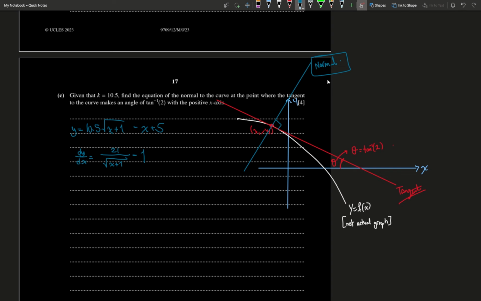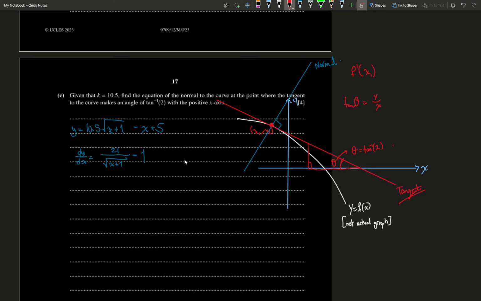How can we do this? Let's look at our angle. We have the angle theta, and we can calculate it just by drawing a right angle triangle. It can be like this. Then we say that tan theta is equal to y over x, which is the gradient of the line. We know the gradient of the line can be calculated by f dash of x1, the gradient at this point on the curve. Since it's basically a tangent, it will have the same gradient as the curve at this point.